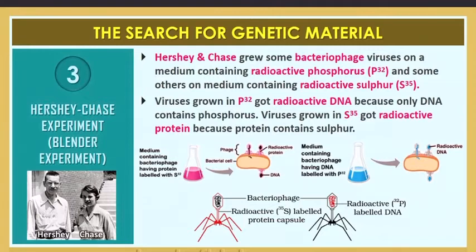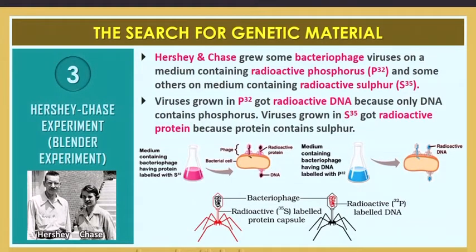And in both the pictures you can see radioactive sulfur 35 is seen in the protein capsule, whereas DNA is radioactive because of the presence of P32 in the head of the bacteriophage, because the head contains the nucleus and inside the nucleus DNA will be there.